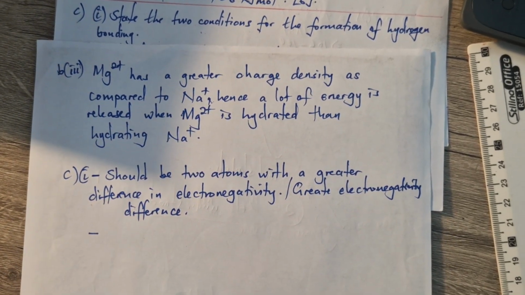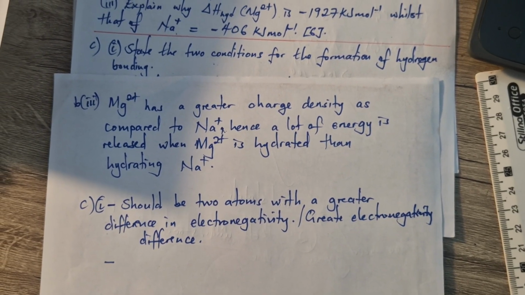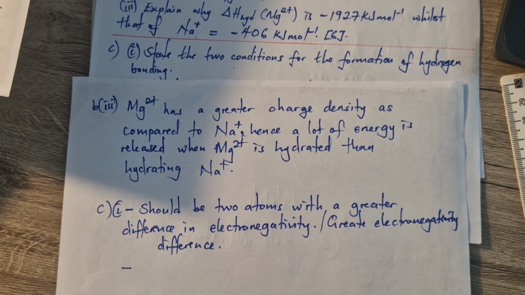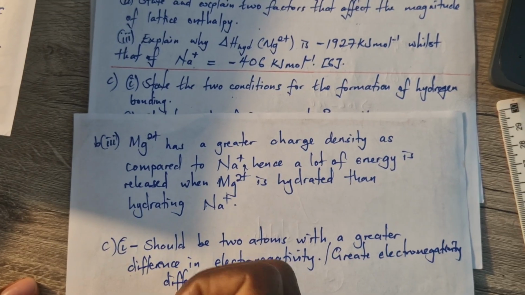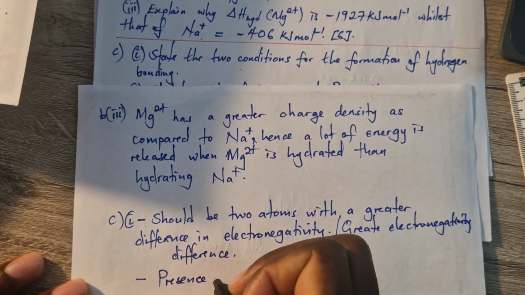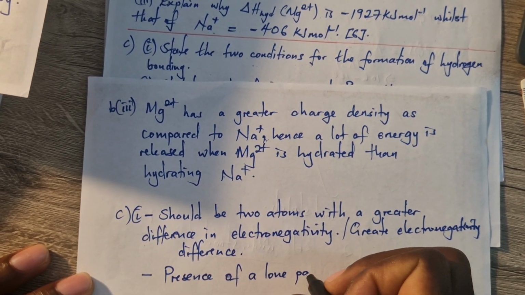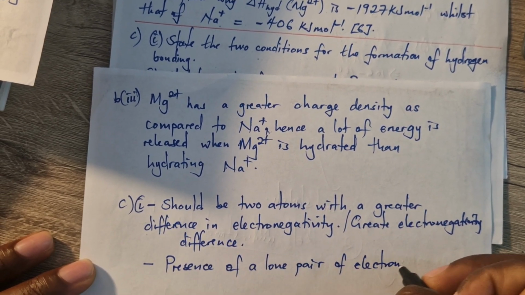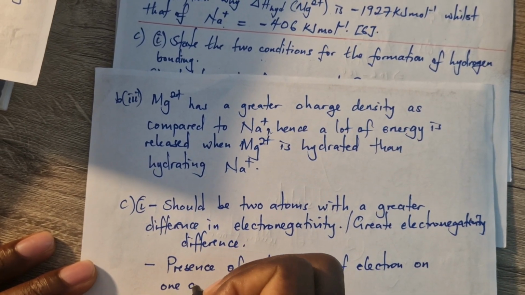We mentioned the aspect of electronegativity. The other condition is the presence of a lone pair of electrons on one atom.